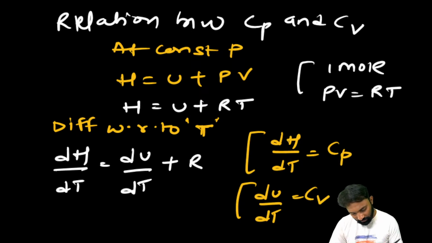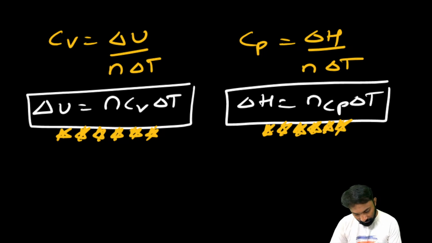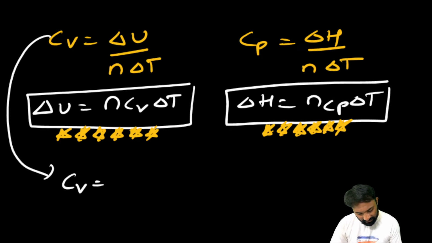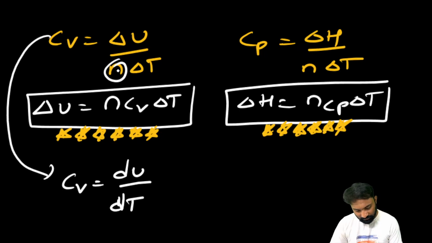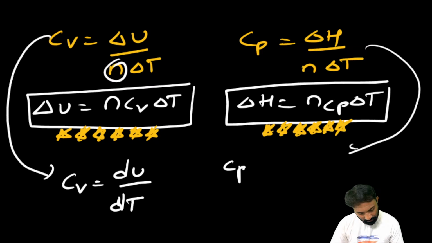How, sir? Now you see. Here this is for the large change. For the small change I can write like this, right? dU by dT for 1 mole, this will become 1. Now this one I can write as Cp is equal to dH by dT.